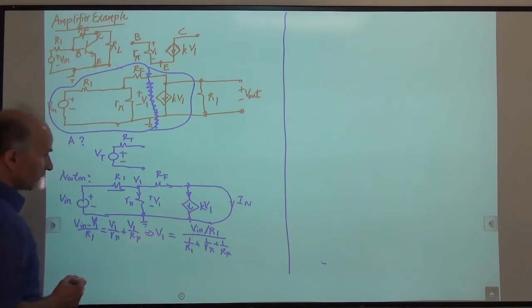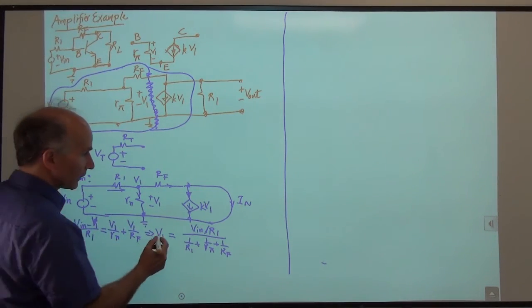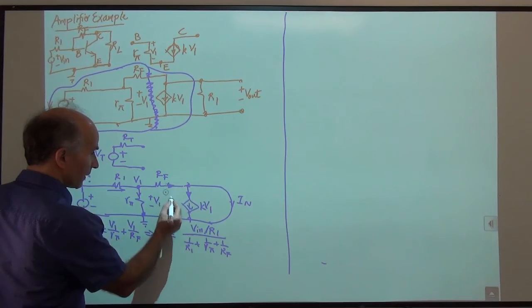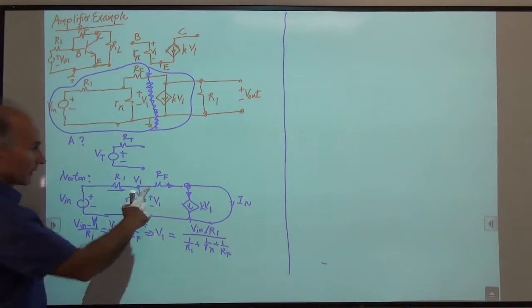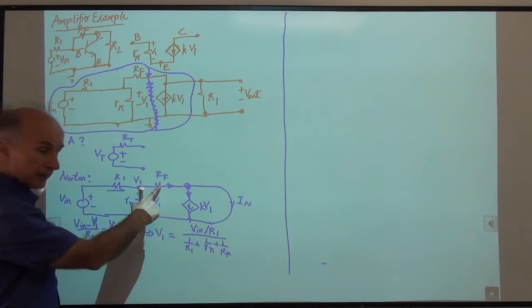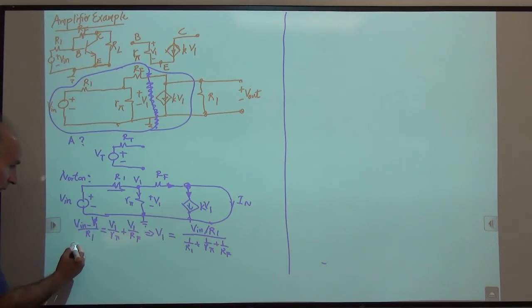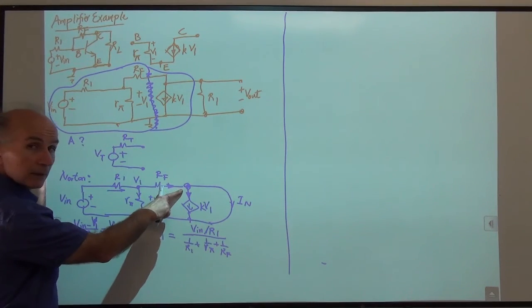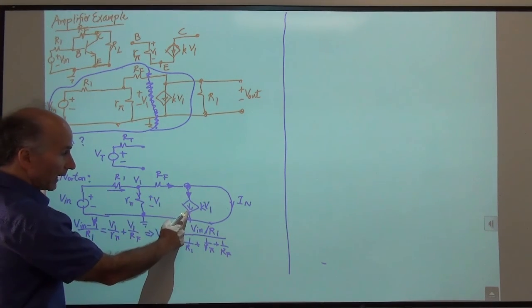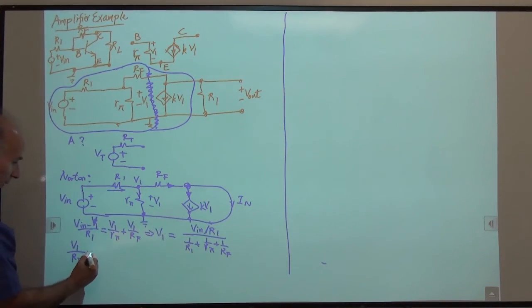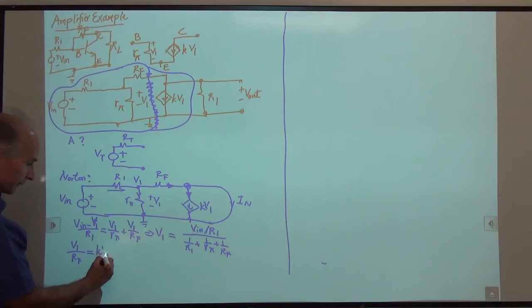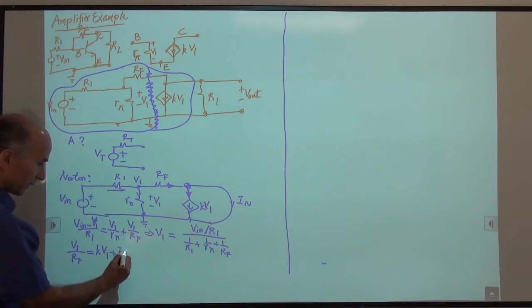So I sub n requires that we calculate, if we have this current and we have this current, then we can find this current, right? So how much is this current? This is V1 over RF. So I say V1 over RF, let's just call it V1 for now, V1 over RF is this current. And this current is KV1. This is entering, these two are leaving. So we say this is equal to KV1 plus IN.